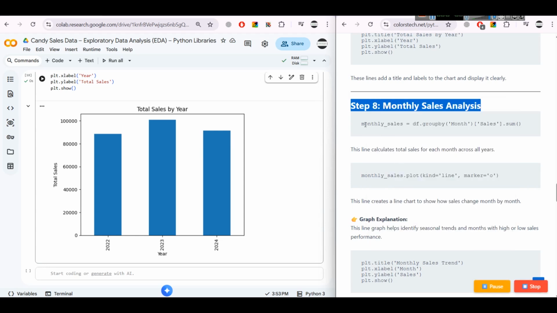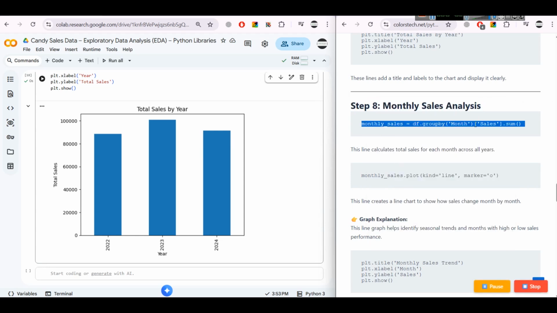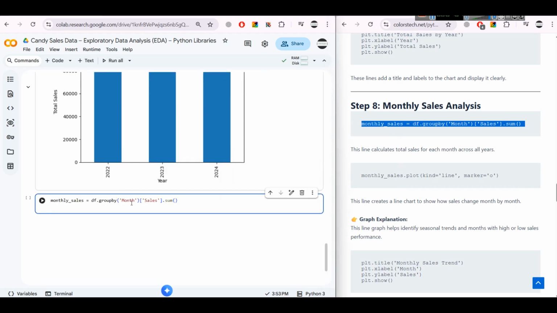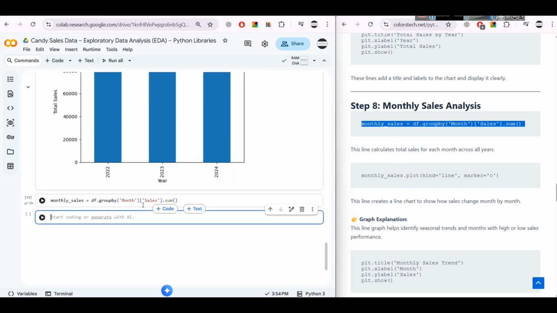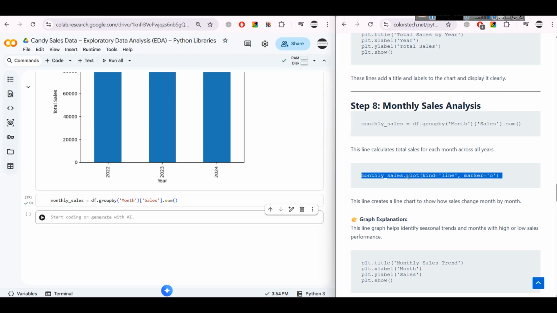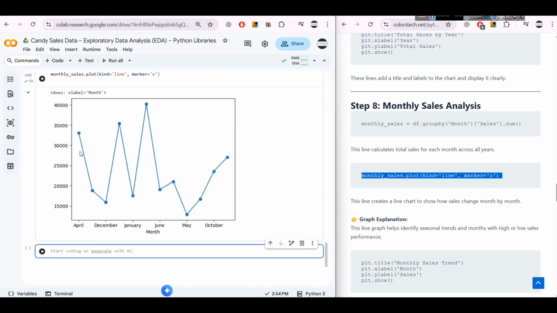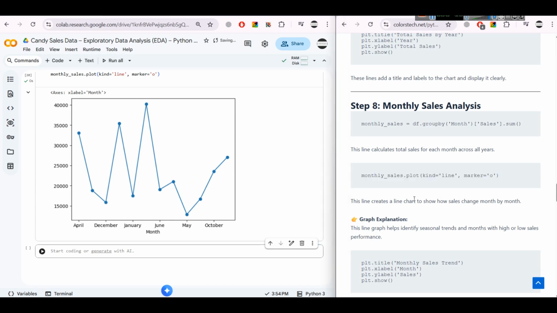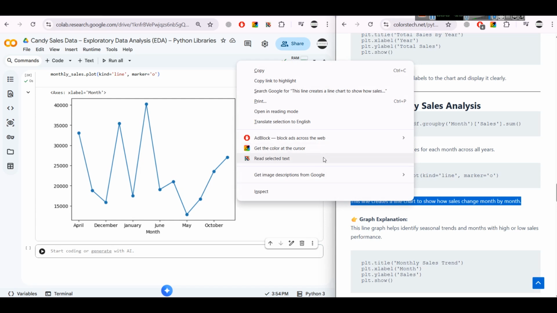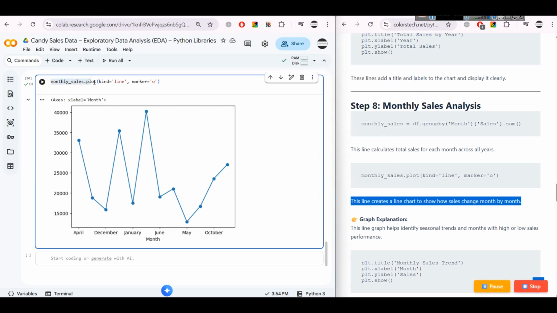Step 8. Monthly Sales Analysis. This line creates a line chart to show how sales change month by month.